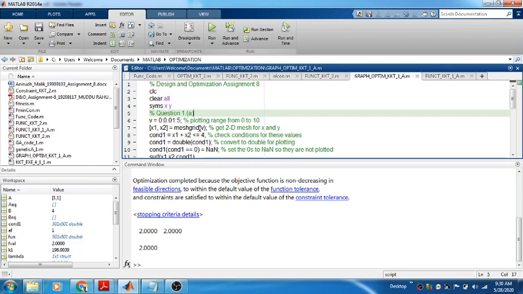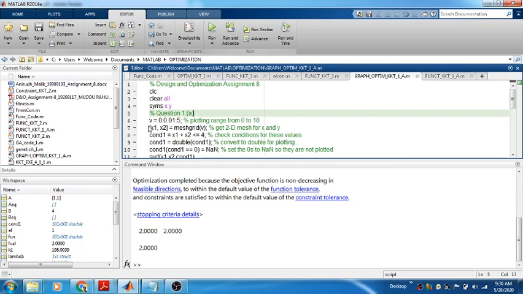First, you grid it, x1 and x2. I am taking this v, so v is from 0 to 5. That means x1 and x2 are limited here from 0 to 5. You can change it to 0 to 50, it's up to you and the problem.